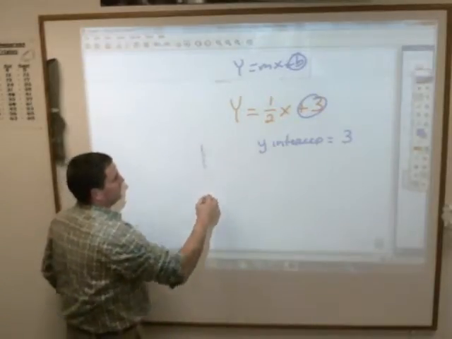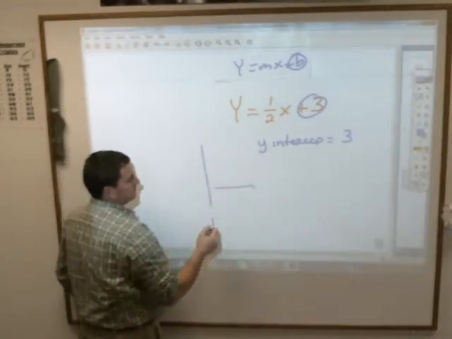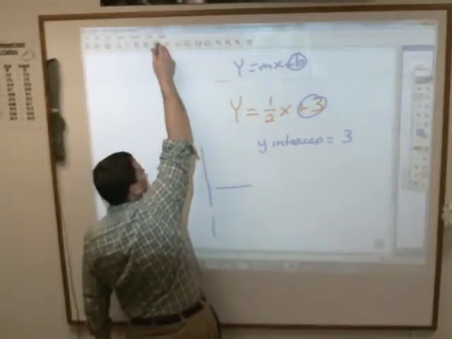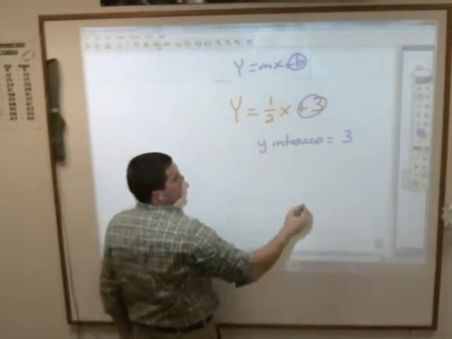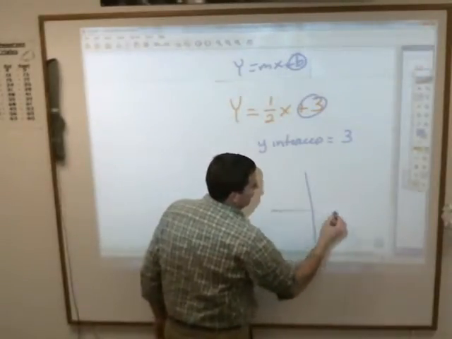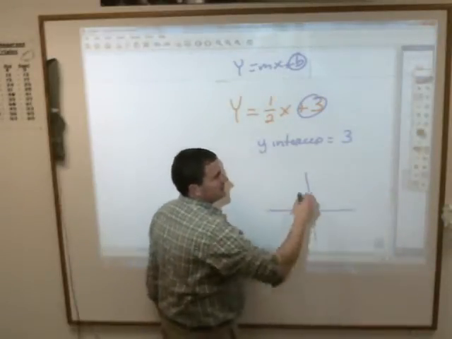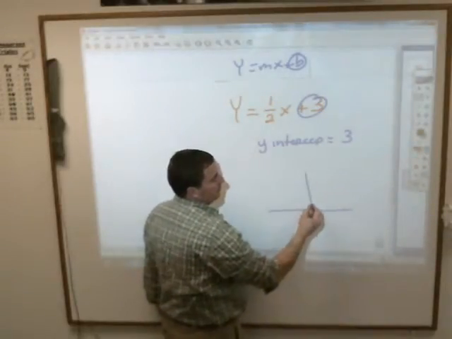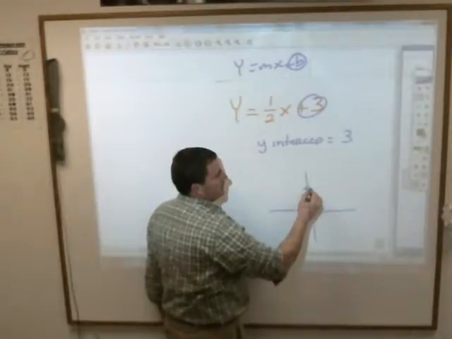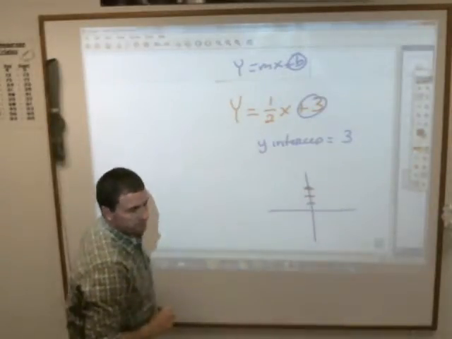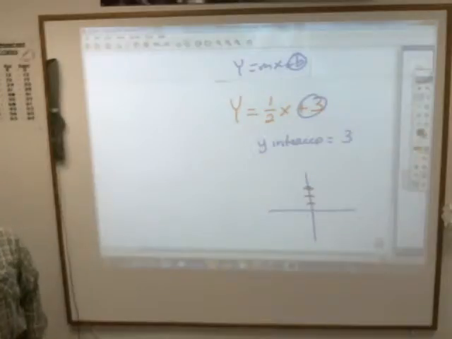That means if I'm graphing this, I automatically can sit down and put the first point down because I know it crosses the y-axis at 3. 1, 2, 3. I put a point. That's the y-intercept. That wasn't so bad now, was it? Because you can do that pretty fast.